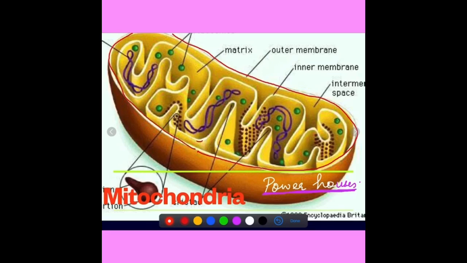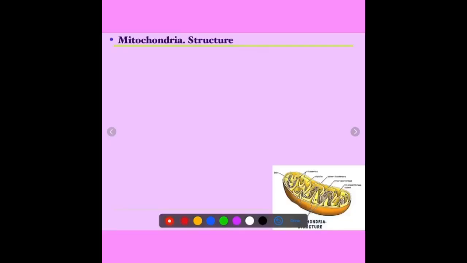This inner membrane has infoldings. These foldings are called cristae, and inside this folding, what is present is called the matrix, which contains numerous enzymes for respiration. So this is the mitochondria. Let us look into the detail of the structure of mitochondria.